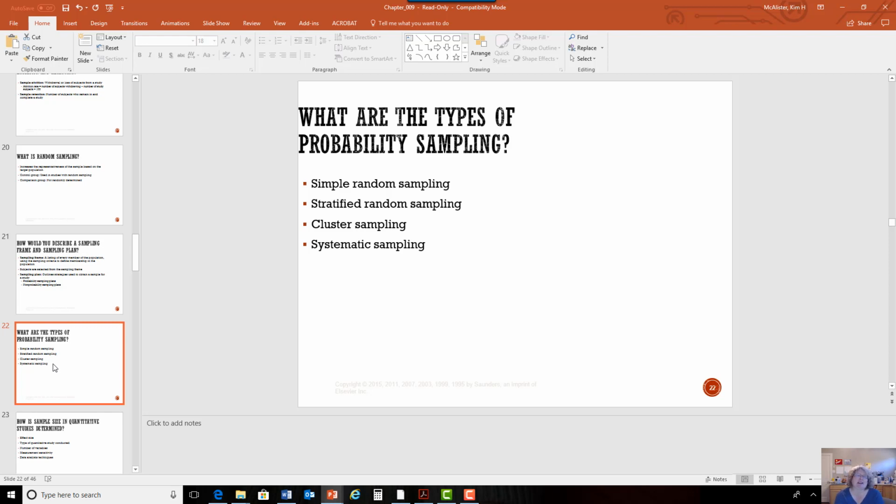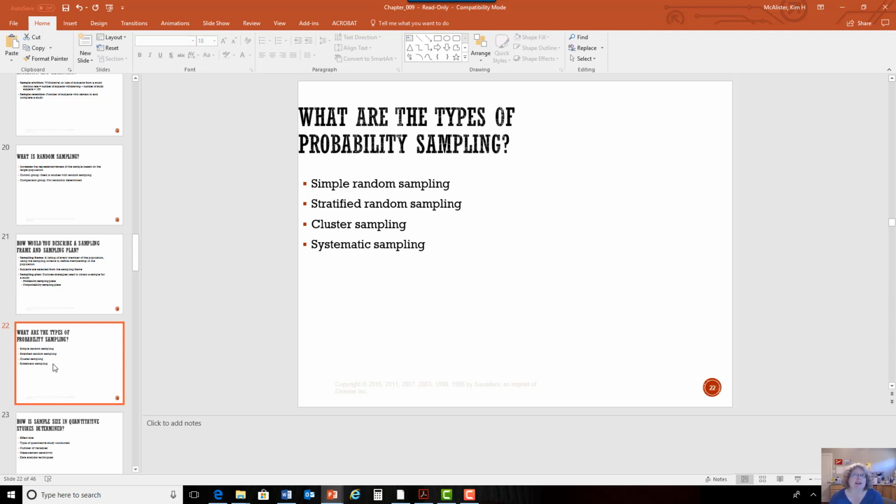Stratified random sampling is a little bit more complex in that you take people and you divide them into groups, and every element from the population is in each group, and then you randomly select people from the groups, and all of the groups are included in the sample. So if you divide them into 4 groups, you have 10 from group 1 and 10 from group 2, 10 from group 3, and 10 from group 4, and so on.